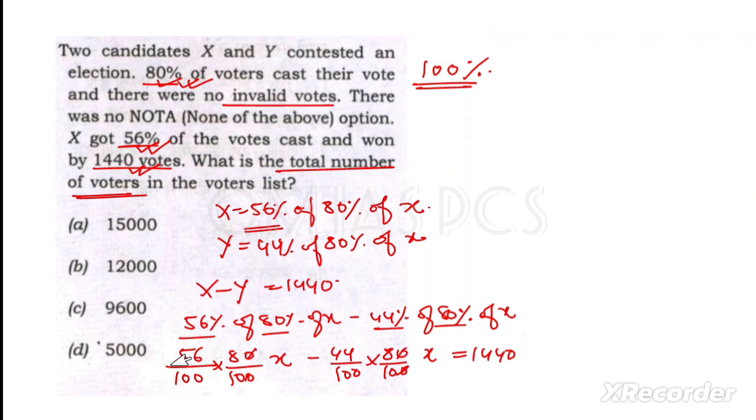56 multiplied by 8 will be 448, divided by 1000, minus 44 multiplied by 8, that will be how much?